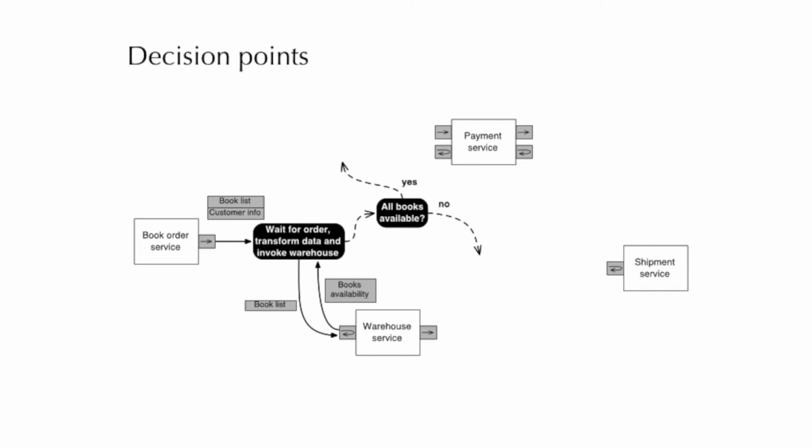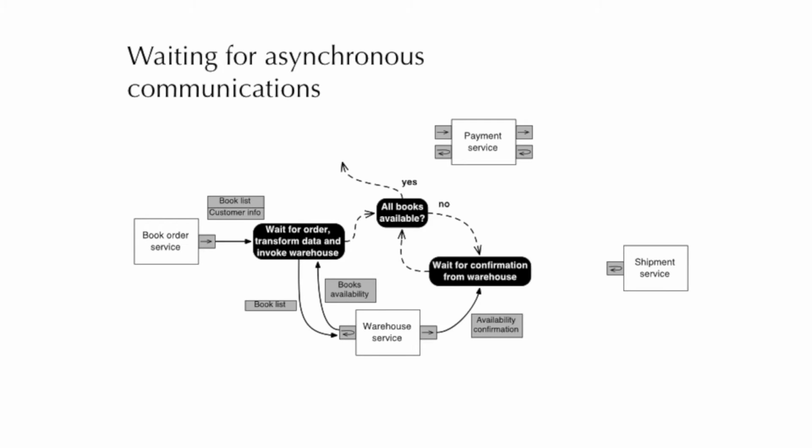In this case, if not all books are there, we might have to wait for the confirmation from the warehouse that will notify us as soon as the books that were not in stock have arrived, and then we can progress with the processing of our composite service.